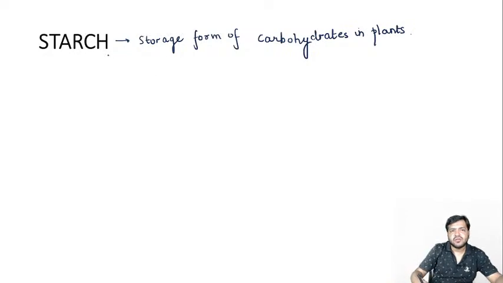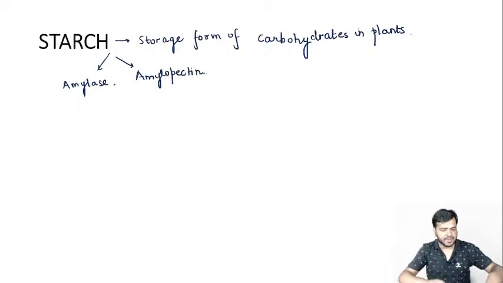Okay, and you already know we have two types of starch. One is amylose, and the other one is amylopectin.